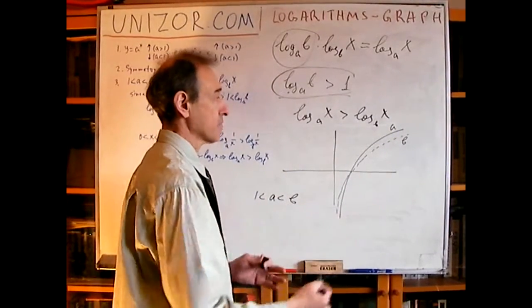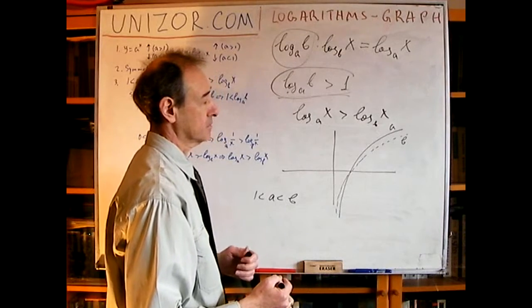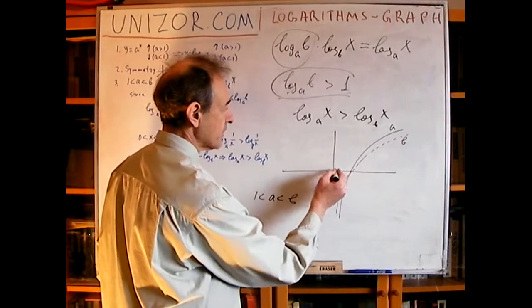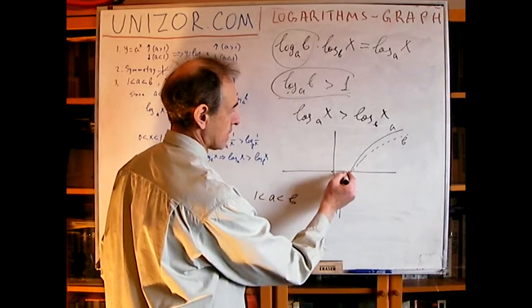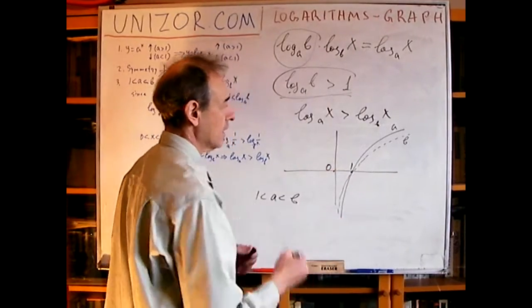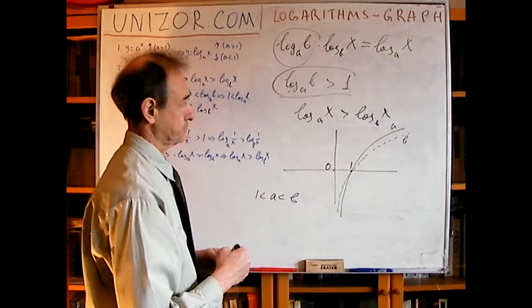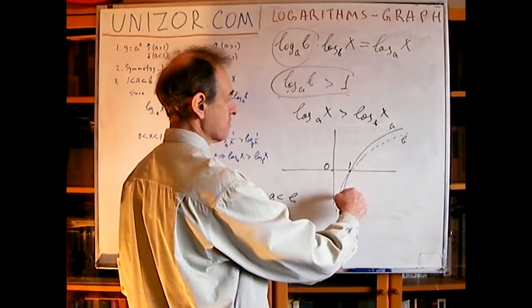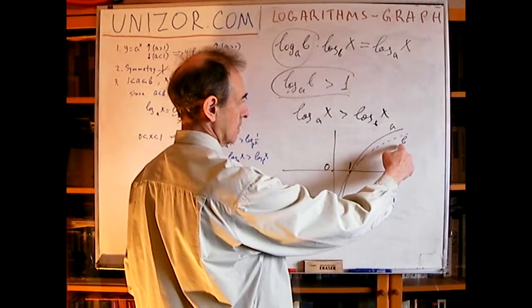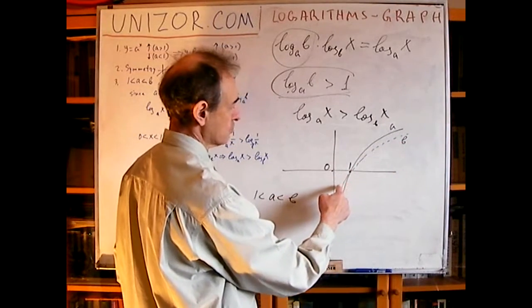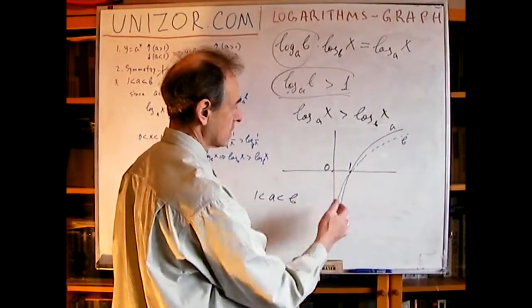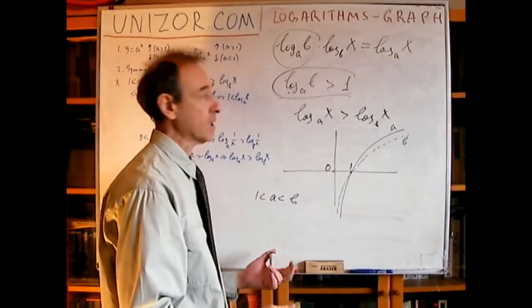So its logarithm at this base is greater. Now, on this particular segment, from 0 to 1, the situation is reversed. So the logarithm of the bigger base should be higher, which means greater than the logarithm on the smaller base.